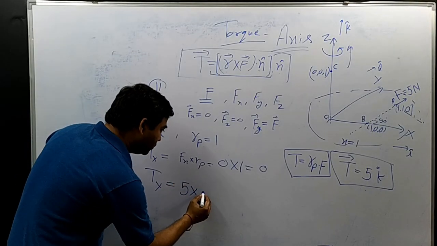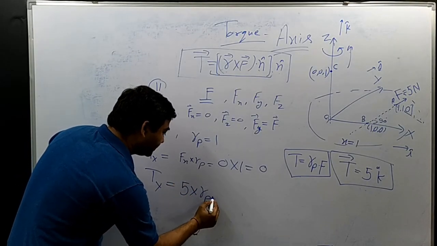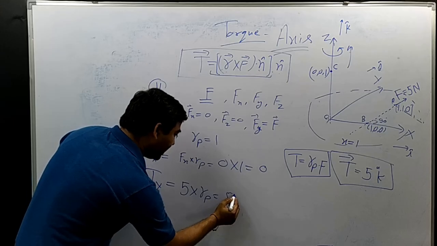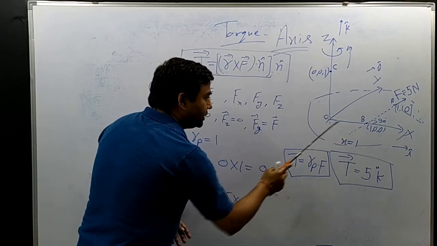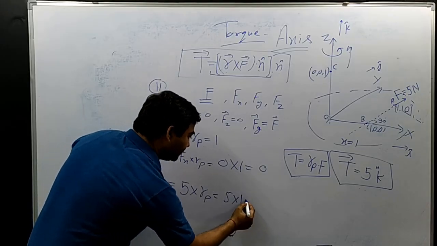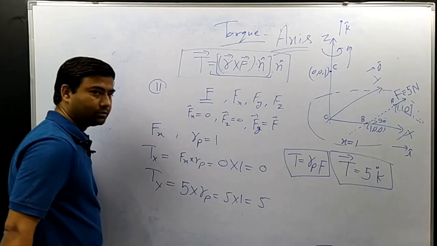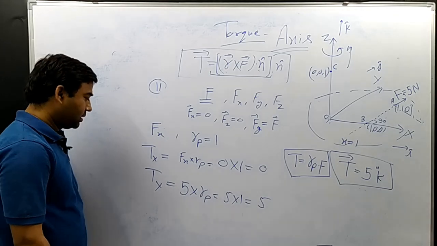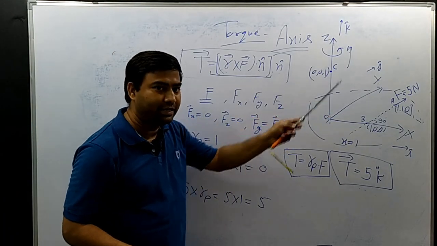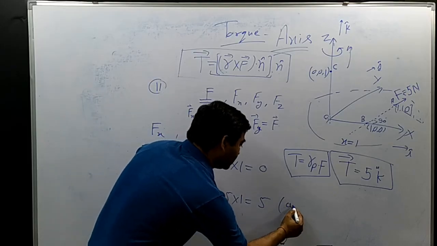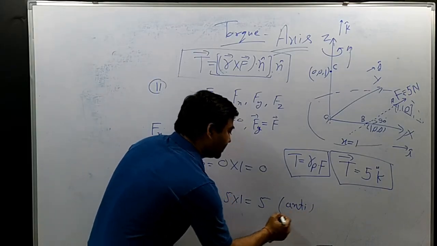So 5 into the perpendicular distance, the x coordinate, which is 1, it is 5, and this Ty is in anti-clockwise direction.